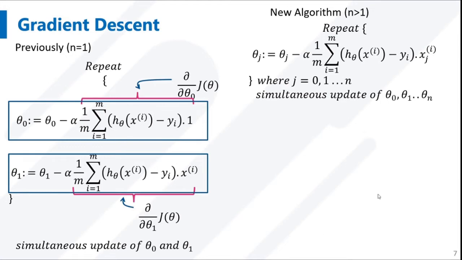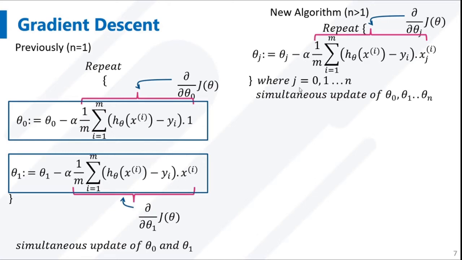We define it by xj. You see in the formula, theta j should be replaced by theta j minus alpha, which is the learning rate, multiplied by 1 over m, and summation over the error. Error means h theta of xi minus yi, multiplied by xj, and this comes from the derivative of J theta with respect to theta j.